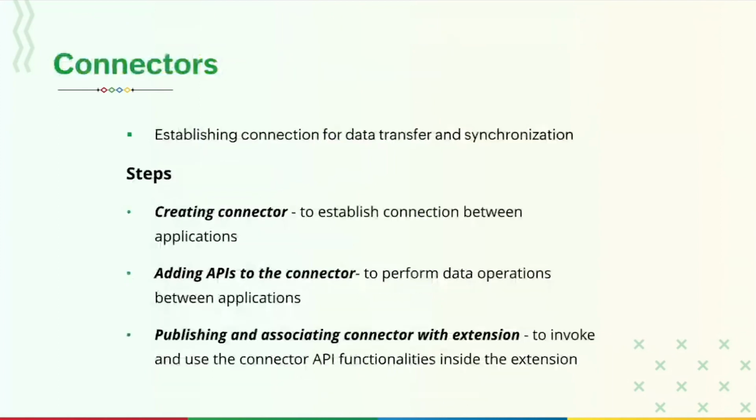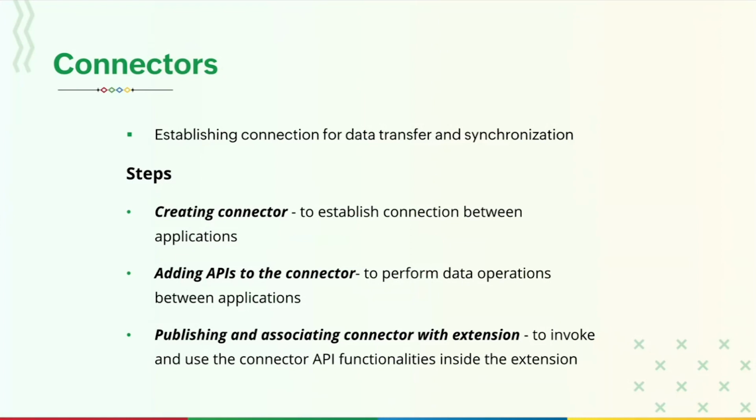So let's see the steps that are involved in establishing a secure connection between Zoho CRM and another application through an extension using the connectors feature. So we will first need to create a connector for the application that needs to be connected with the Zoho CRM. We will then need to add the necessary APIs to the connector.